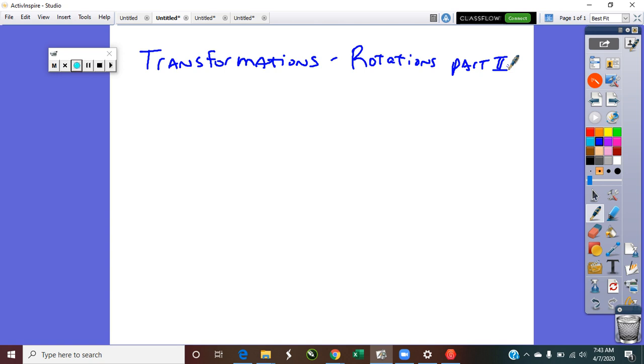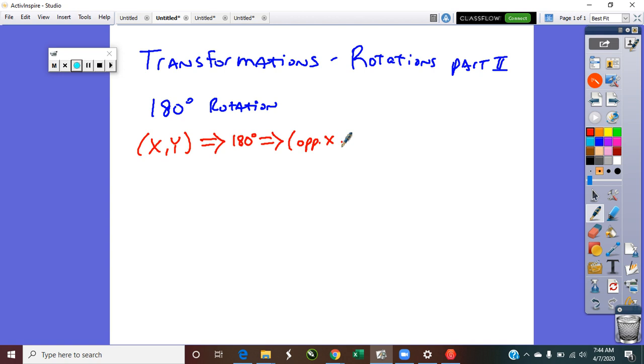So what we've done so far, if you remember, on a 180-degree rotation, we basically have X and a Y. And when we rotate it 180 degrees, we have opposite X and opposite Y. So for example, we had a point of 4, 3. When we rotate it, that's going to be -4, -3. I think we did pretty well with that one. That one was pretty simple.